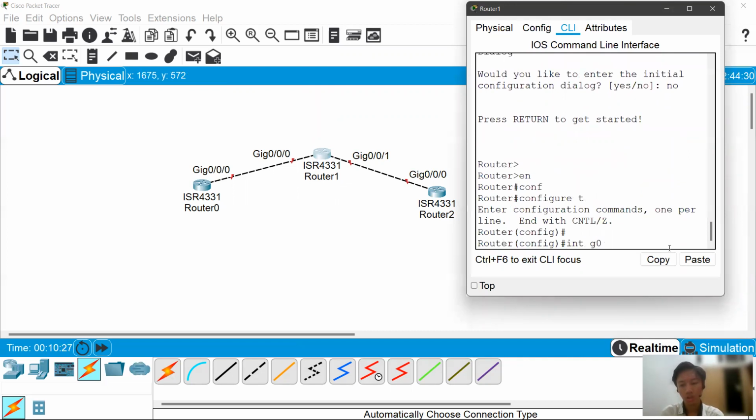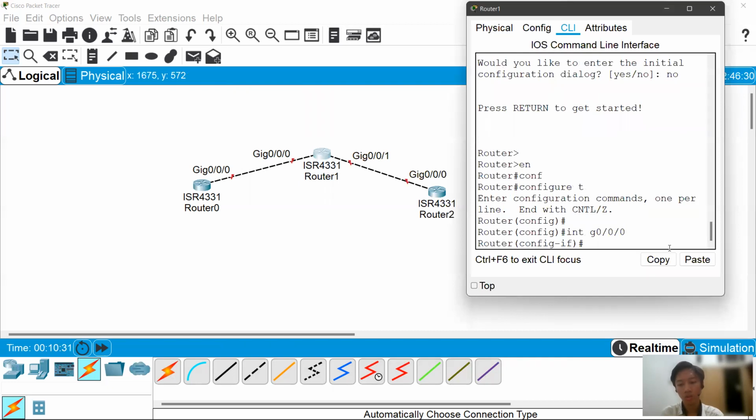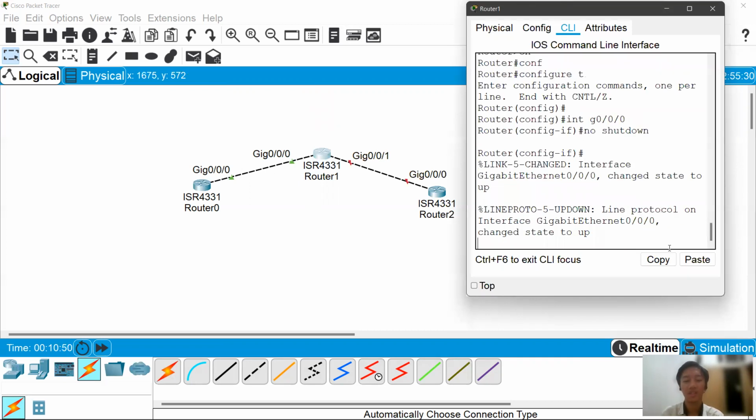Interface G0/0/0 on router 1, no shutdown.